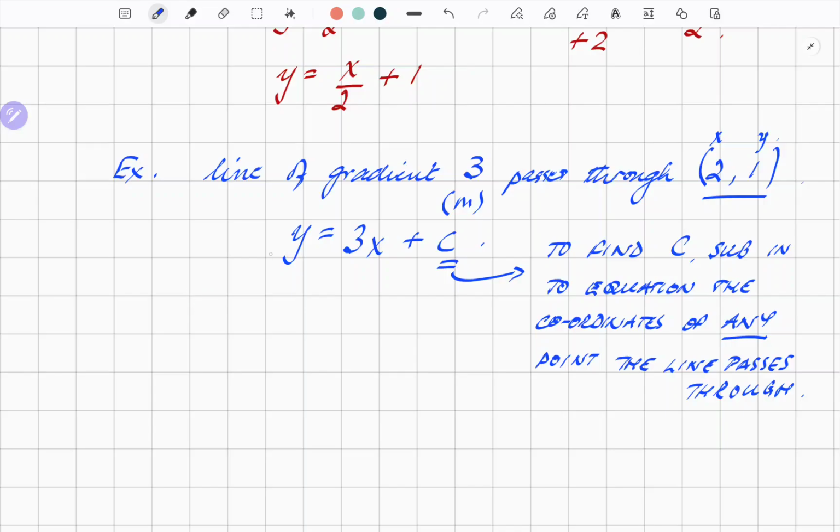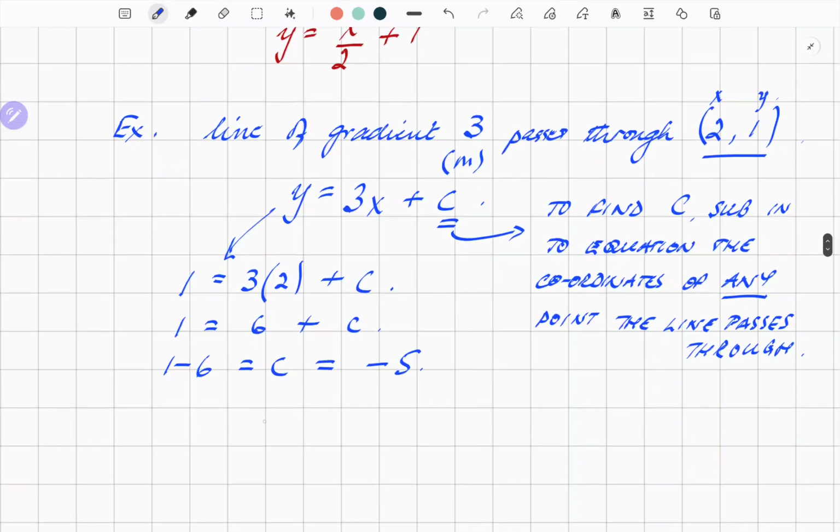So if we substitute into that and say that y equals 1 when 3 times x, which is 2, plus c, that says 6 plus c. Solving that, 1 minus 6 equals c, which is minus 5. Therefore, the final equation of the line is 3x minus 5.